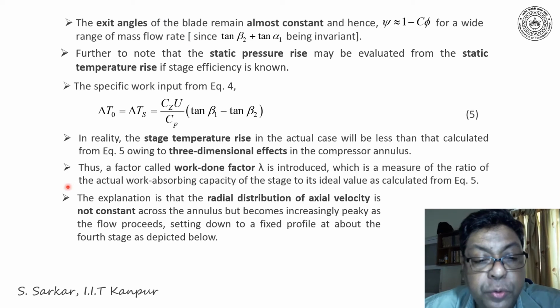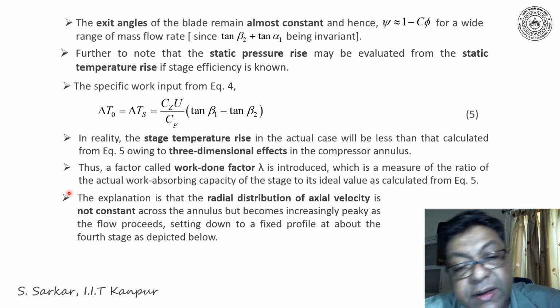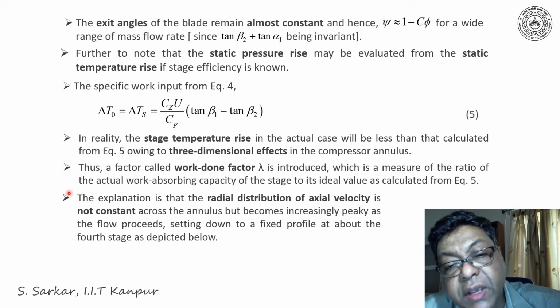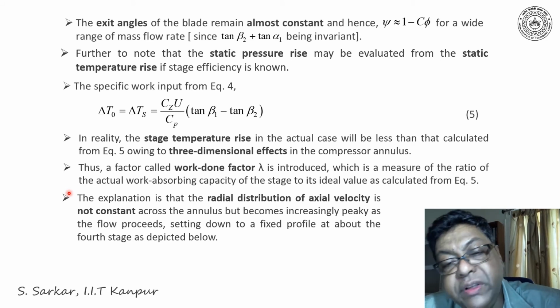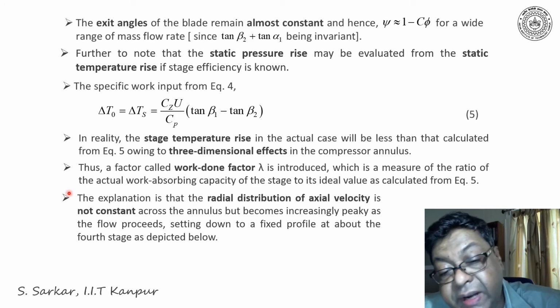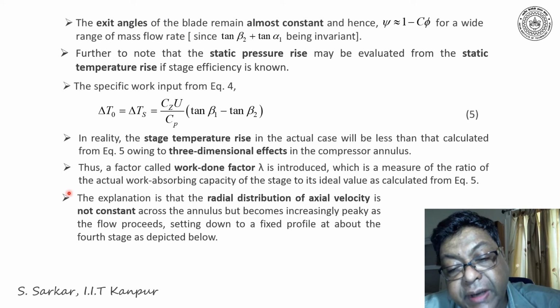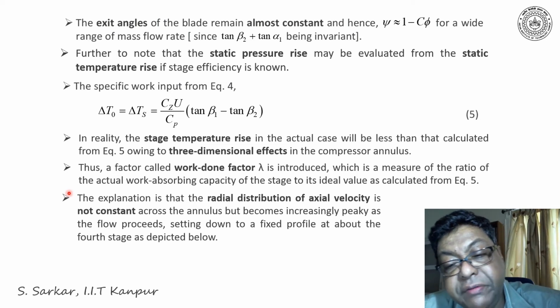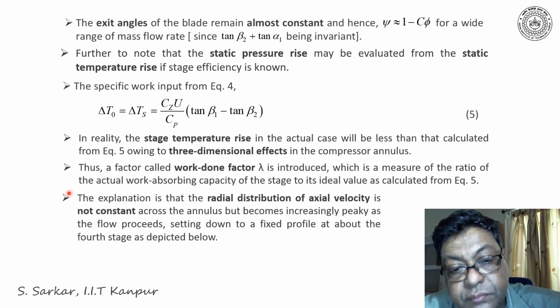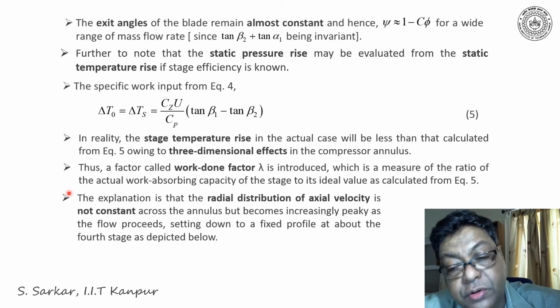Here I would like to pause, stating that equation 5 has been evaluated following the assumption that the radial distribution of axial velocity is constant within the annulus. However, that relation is not truly valid.